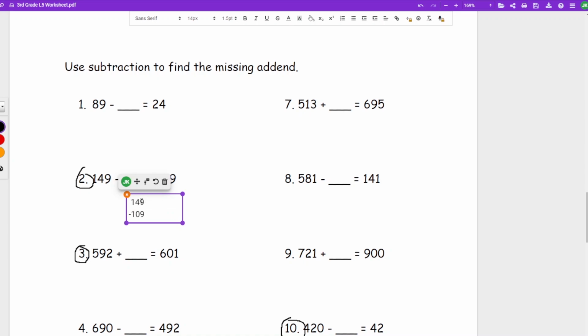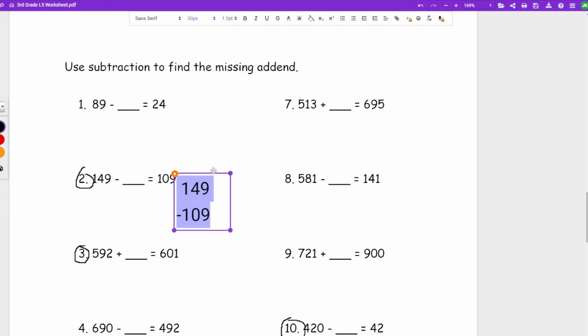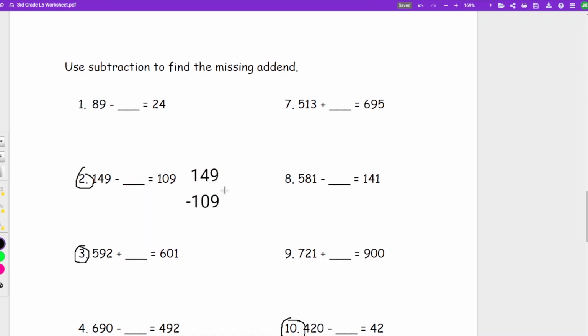There we go. 149 minus 109. I subtract these. This becomes 0. 4 minus 0 is 4. 1 minus 1, that's 0. But I don't need to write down that 0 because there's nothing after it. So the answer is 40.